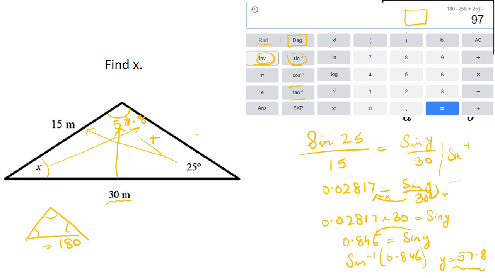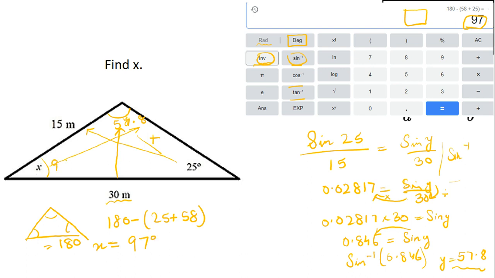So if you round this 57.8 to 58, you can just take it down as 180 minus 58 plus 25, and that gives you 97. So therefore I have my angle x, that is 97 degrees.